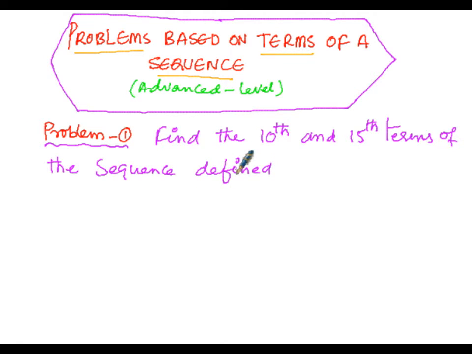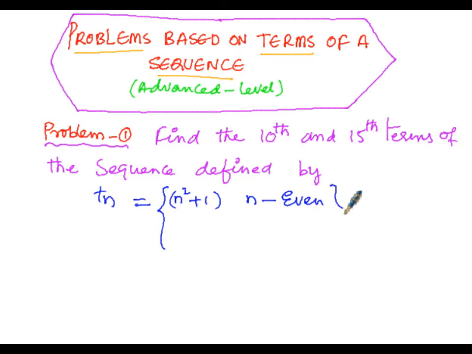So here the sequence is defined by means of a certain condition, that is Tn, the nth term, is given as n square plus 1 if n is even, and only n square when n is odd.